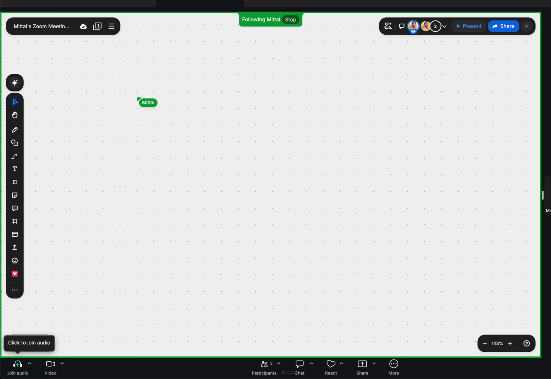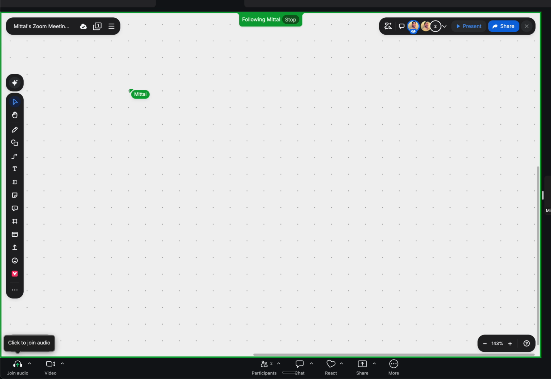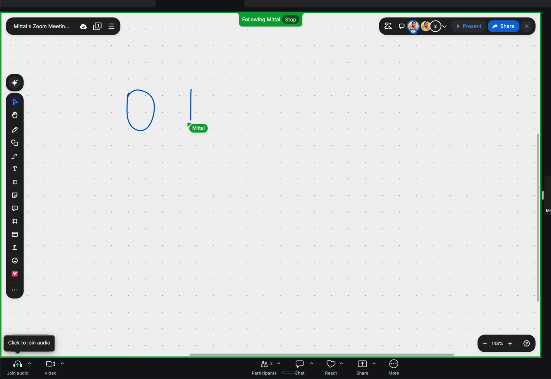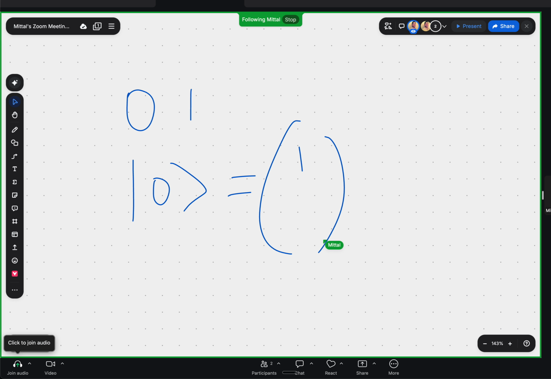So right now, in the classical case, we had the bits 0 and 1. And for the quantum case, we will define the bit vector 0 to be the vector 1, 0, and the vector 1 to be the vector 0, 1. Okay?